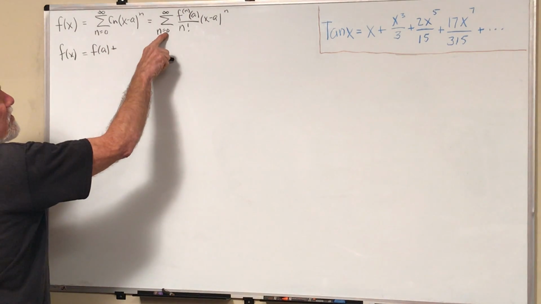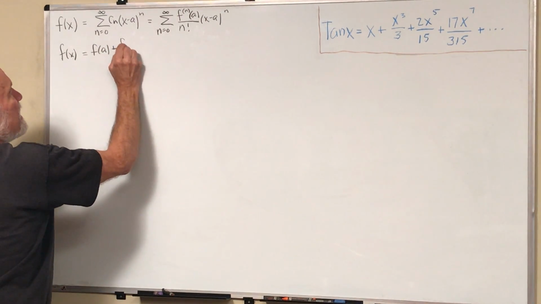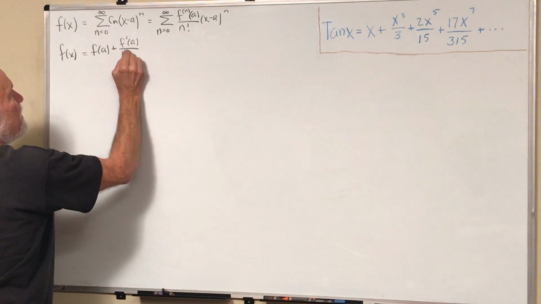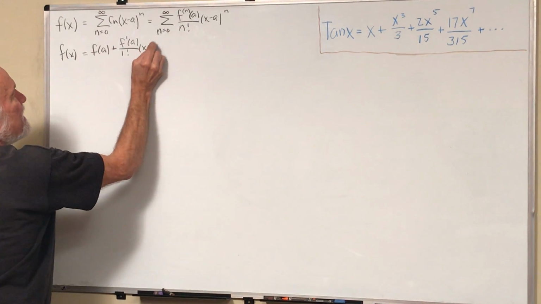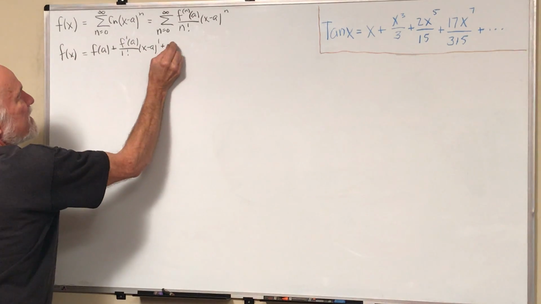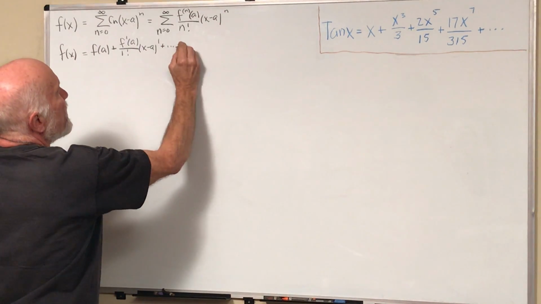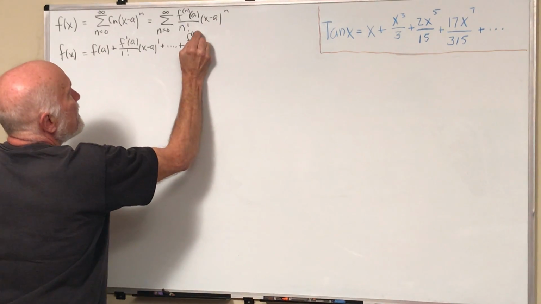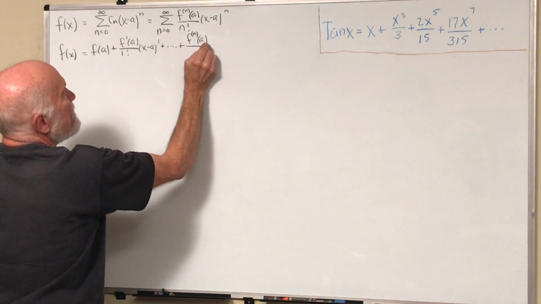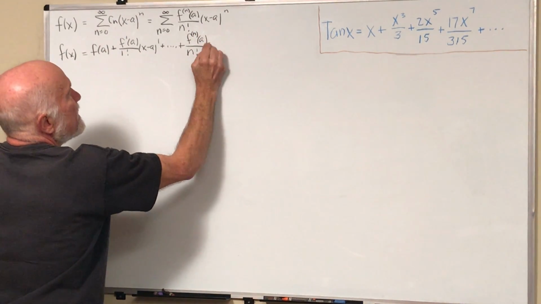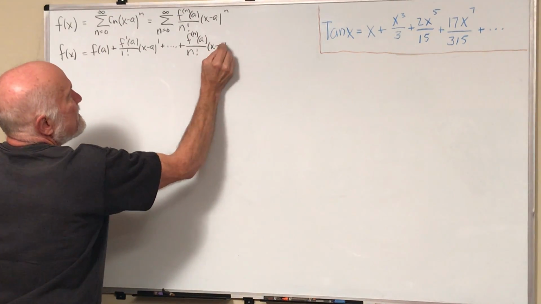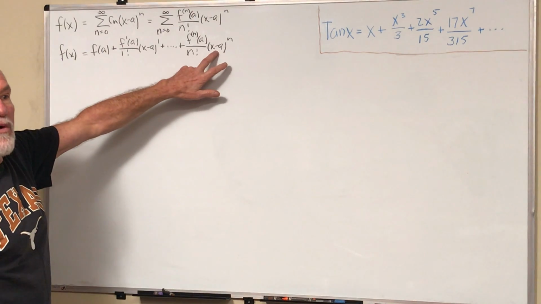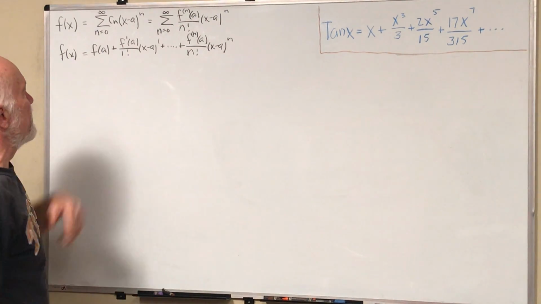And then we start going at n equals 1, and we get the first derivative divided by 1 factorial times x minus a to the first, and we keep going until we get to the nth derivative at a divided by n factorial times x minus a to the n. So we go up to x to the n power terms in our polynomial.